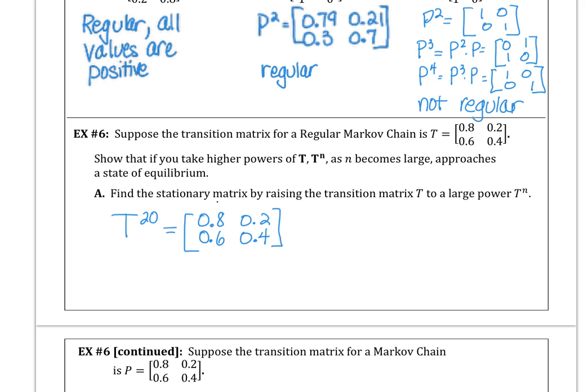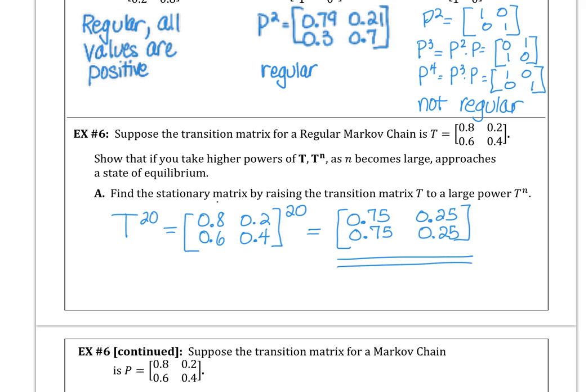And then after I've made that matrix, I hit the up arrow to the 20th power and end up with 3/4, 1/4, 3/4, and 1/4. So we've shown that we do have a stationary matrix as it approaches some very large power.